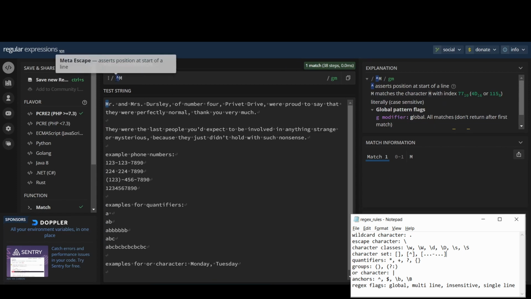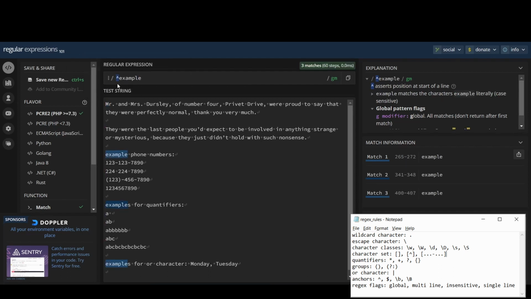For example, if I type caret M, then we are going to match any capitalized M that's at the beginning of the sentence. Another example could be caret example. In that case, we are going to match any example that is at the beginning of the line. So if I have another example that's not at the beginning of the line, we are not going to get a match.